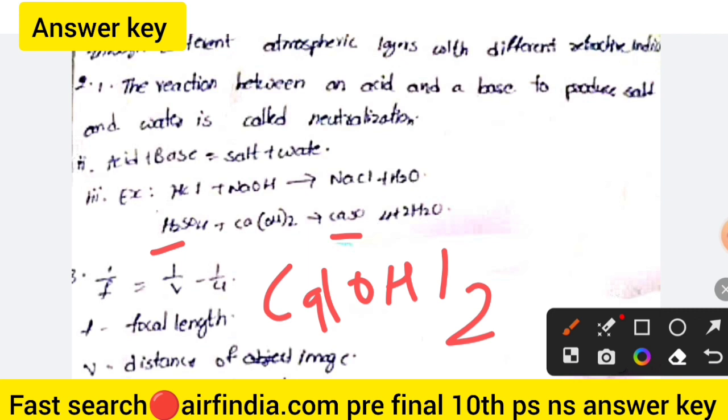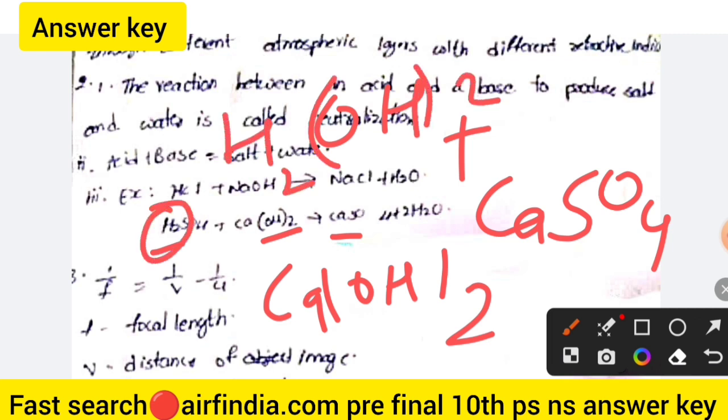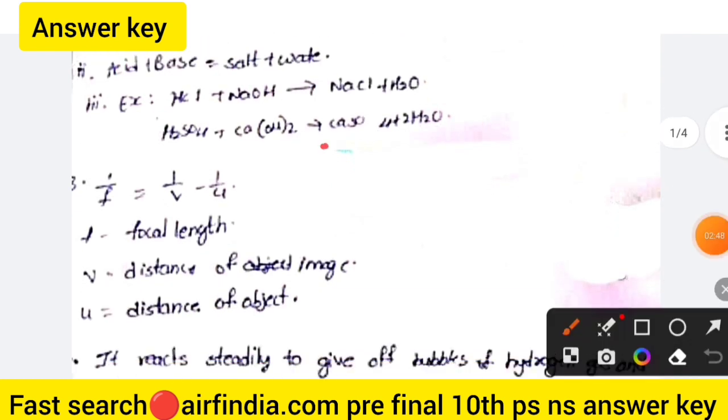So here we get CaSO4, calcium sulfate, plus here OH and here H: 2H and OH twice, so they combine. Okay, 2H2O, meaning 2 and 2 make 4 H, and 2 oxygen, so they combine. This is your answer here, CaSO4.